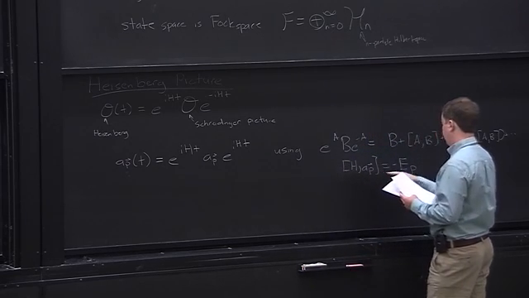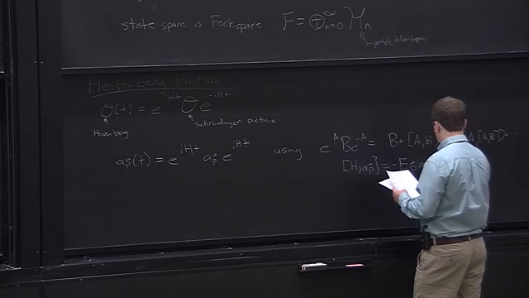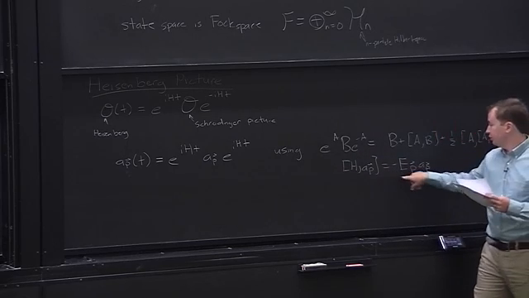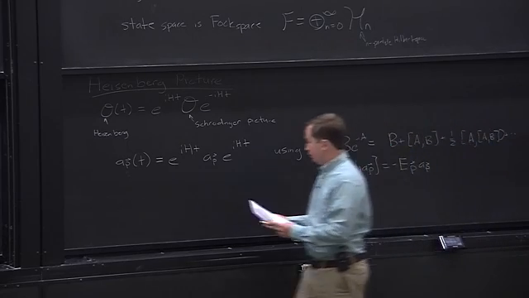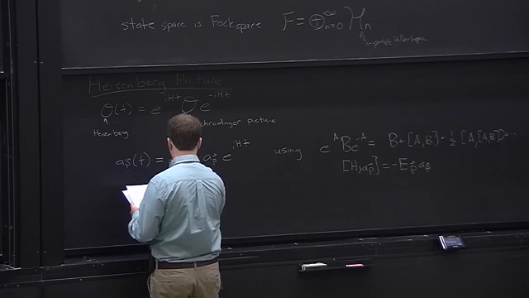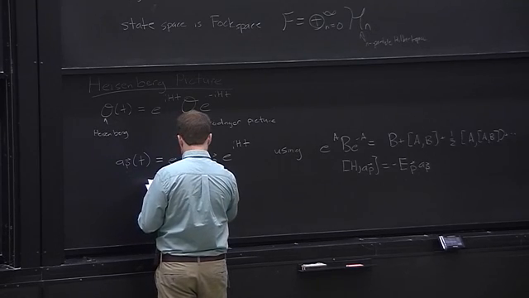So a just lowers the energy by E_p. So it's not surprising that this is the commutation relation. We get that this is just e to the minus E_p t.